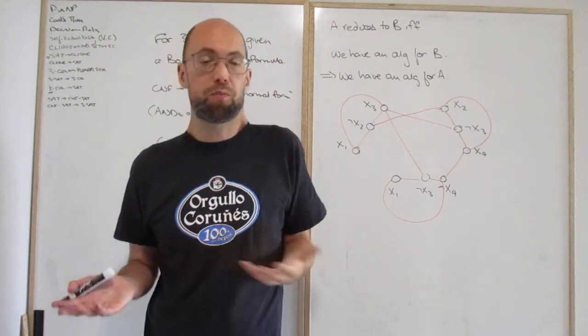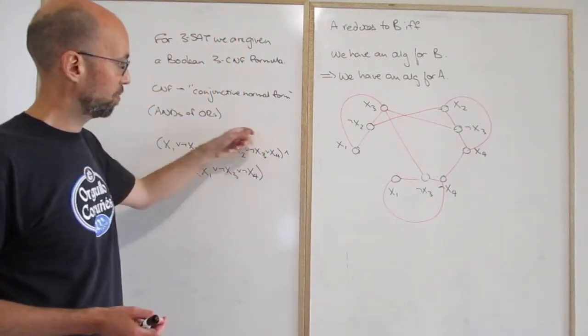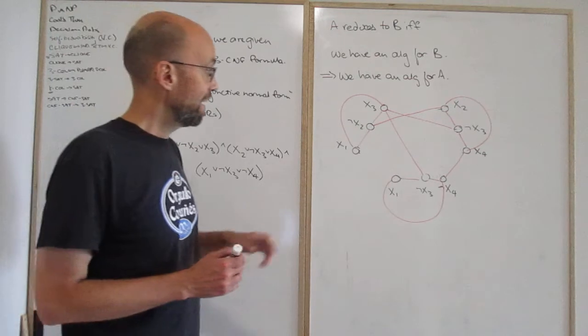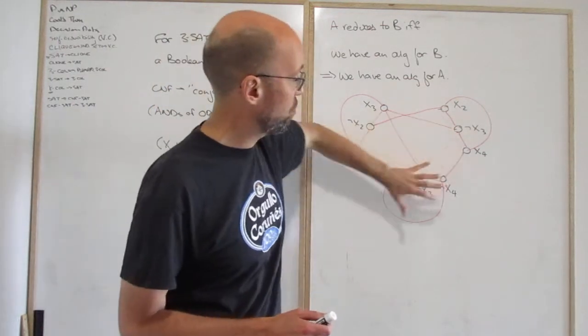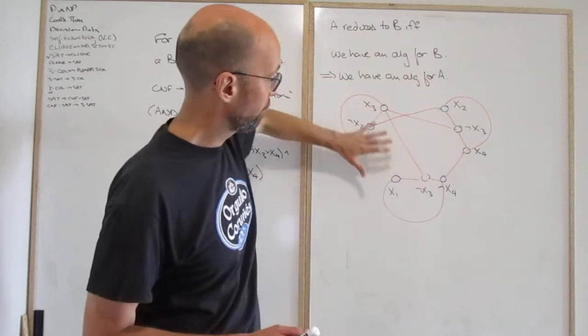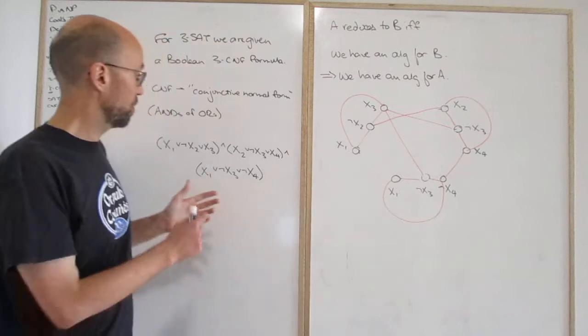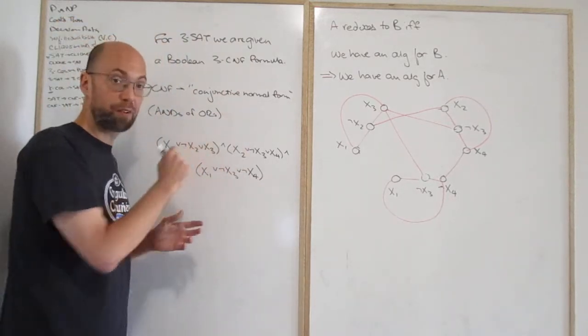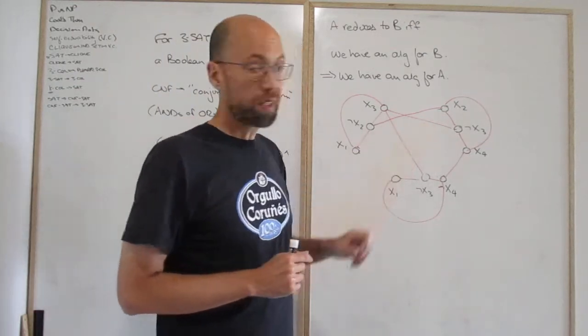Not x3 being true means that x3 is false, which, for example, makes this clause true. So if there is an independent set of size k, it means that I have to be choosing one vertex from each of these clusters, which is choosing one literal from each clause, and they all have to be compatible.